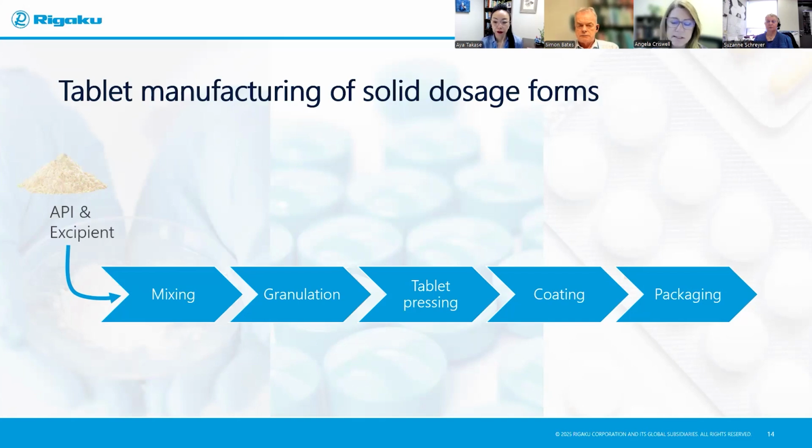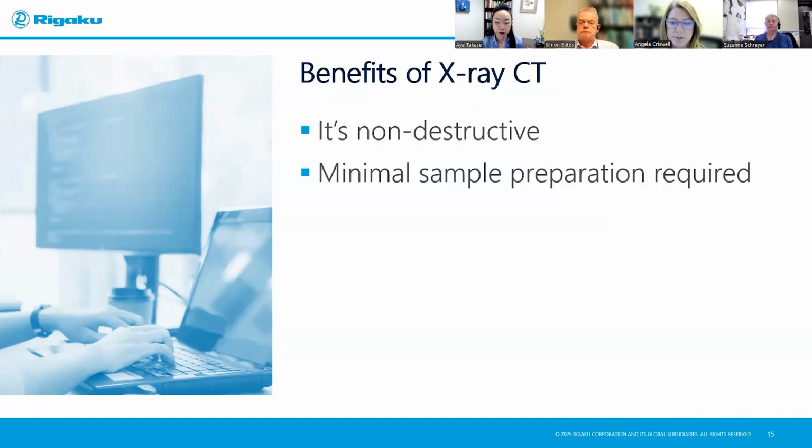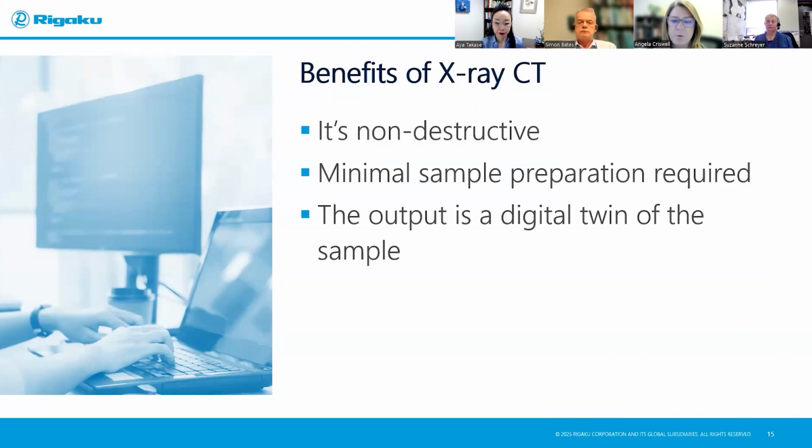So CT runs across the whole gamut of these different processes, and it has some benefits. The most notable one that we usually talk about is that it's non-destructive, and there's minimal sample preparation required. You'll remember that example I showed you with the tablet image. We just stick it inside of a tube with some foam to keep it from moving around during the scan. And ideally, at the end of the day, what we end up with is an exact digital twin of the sample. That's not always the case.